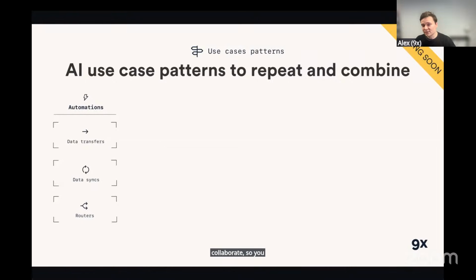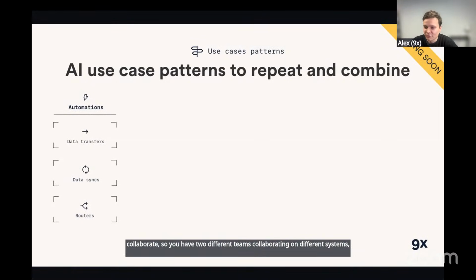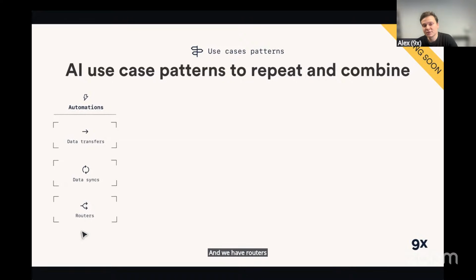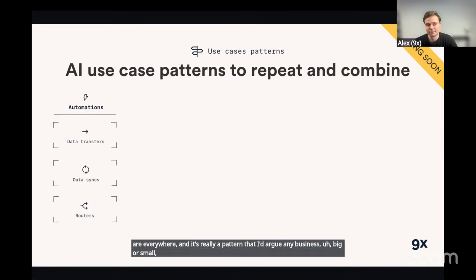So you have two different teams collaborating on different systems, and you really need that real-time data in both platforms. Then we have routers. We're going to see this example now, or later. I'll just cover the whole mosaic, and you will see routers are everywhere, and it's really a pattern that I'd argue any business, big or small, is seeing.